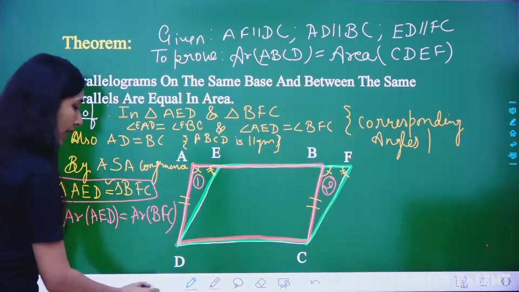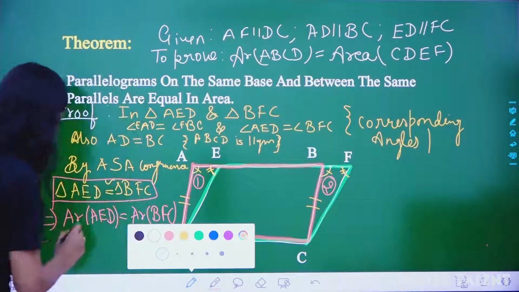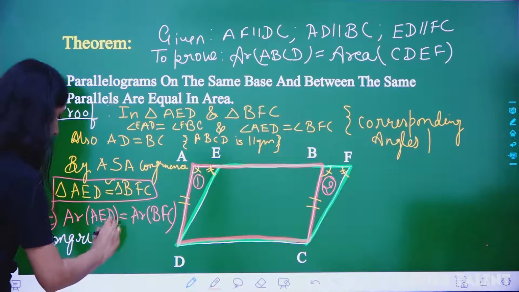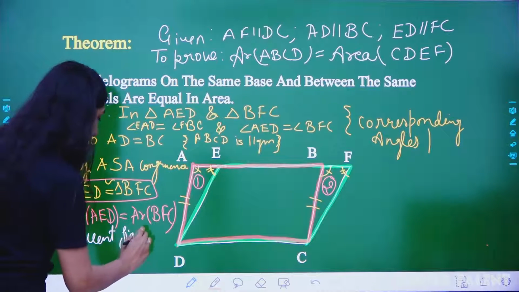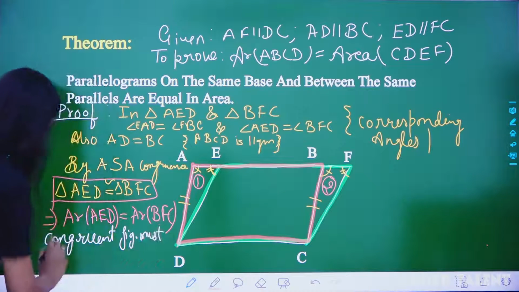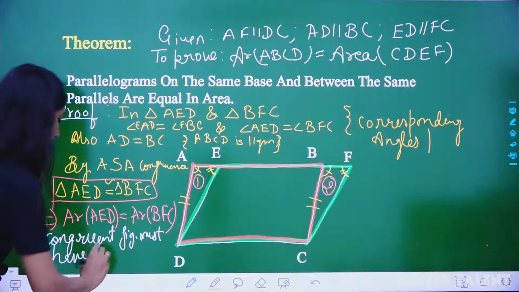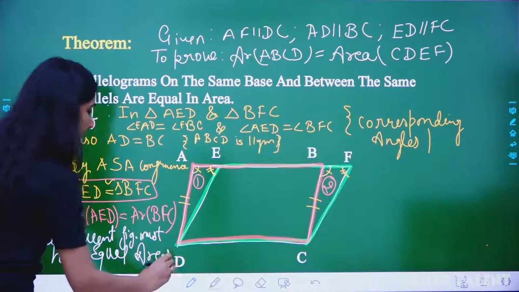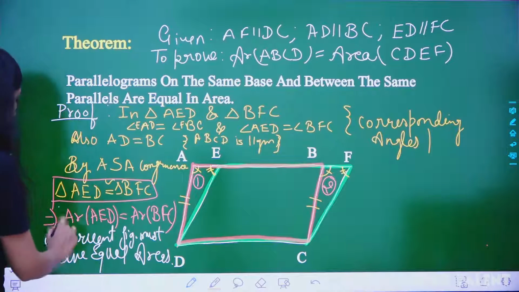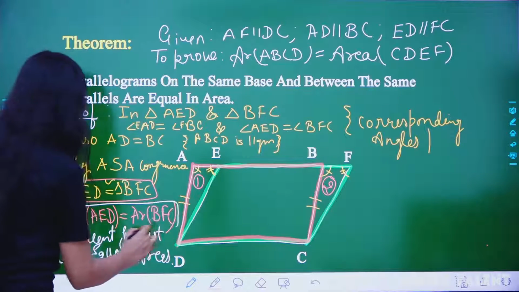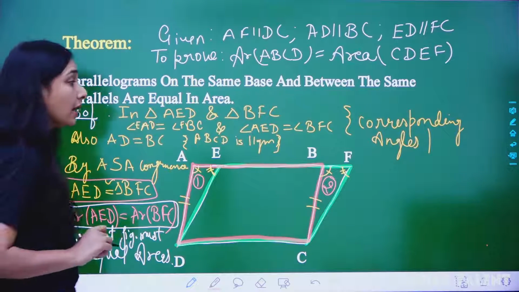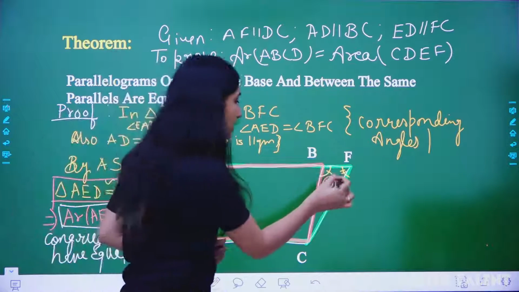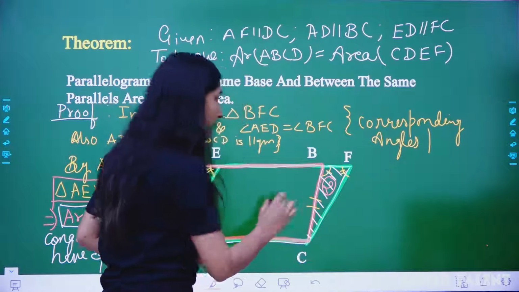Why so? I've just told you that congruent figures must have equal areas. We have talked about this. So here you have area AED equal to area BFC. This complete area is nothing but this complete area.